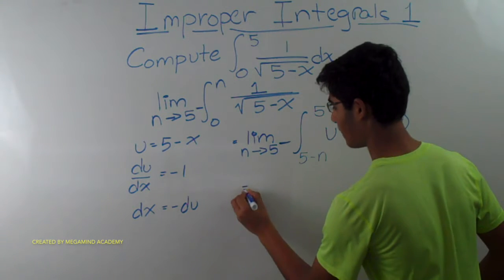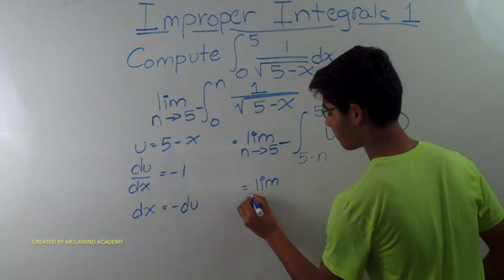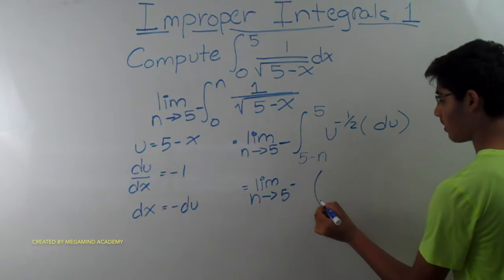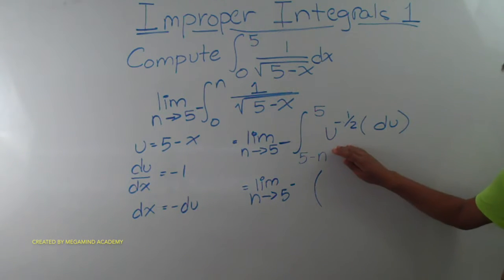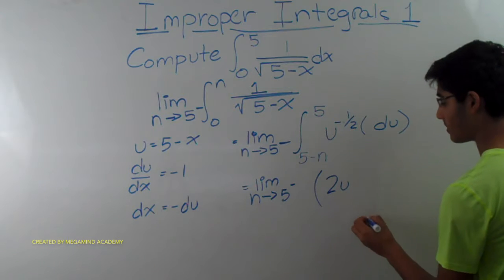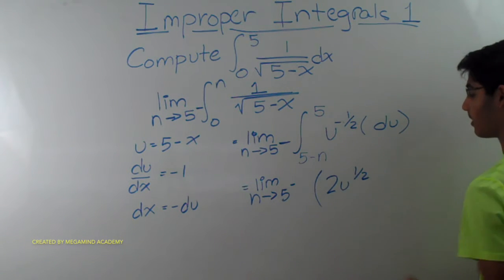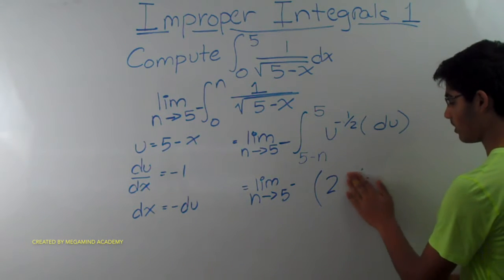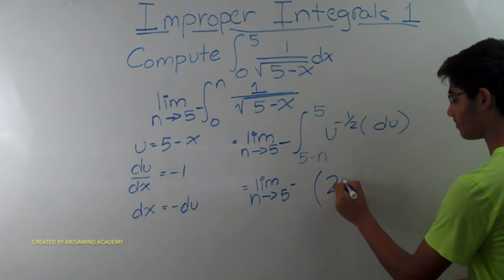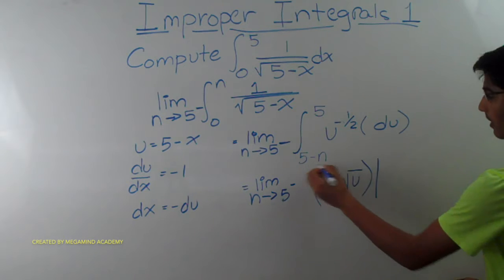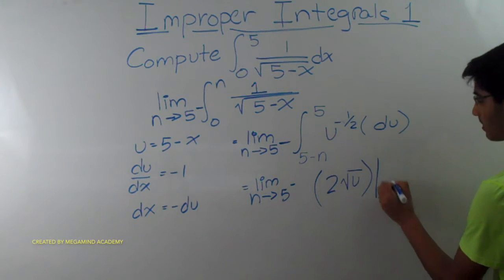This would be the limit as n approaches 5 from below of the integral of u to the negative 1/2 power du, which by the inverse power rule is 2 times u to the positive 1/2 power, or 2 square root of u, from 5 minus n to 5.